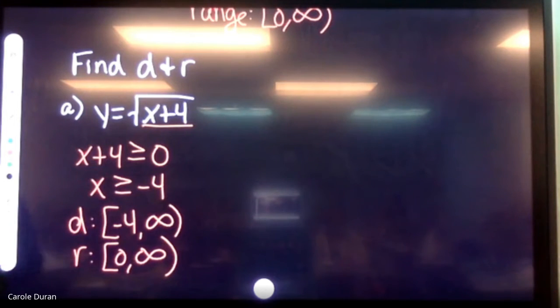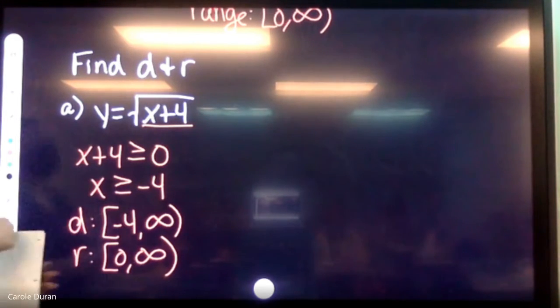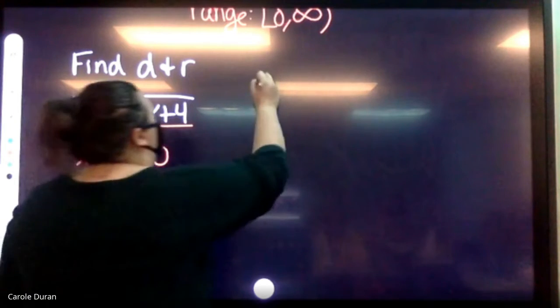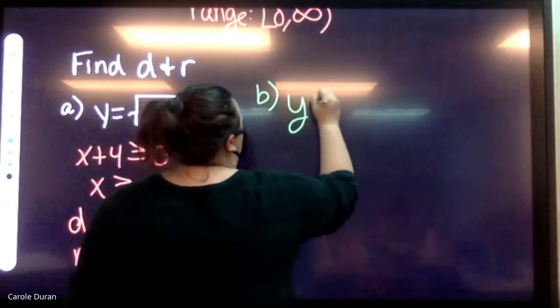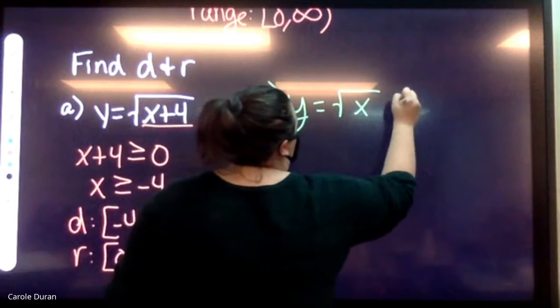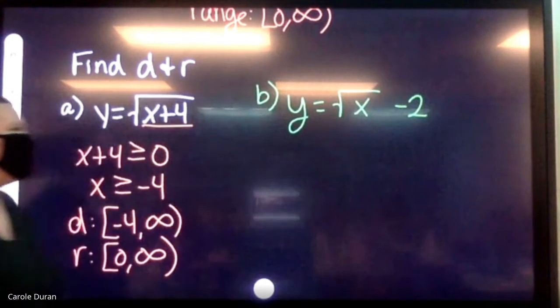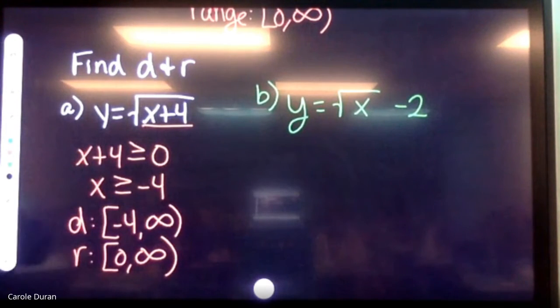We're going to go ahead and change it up by doing another function now. This function is the square root of x minus 2.